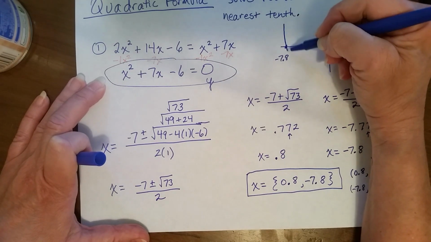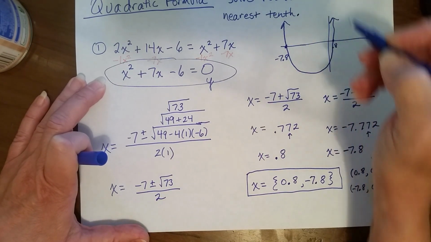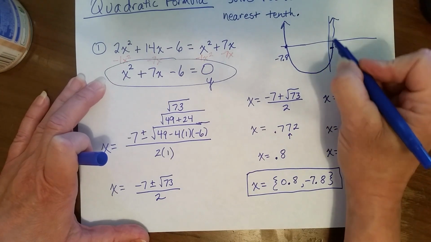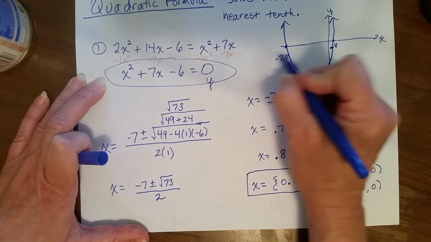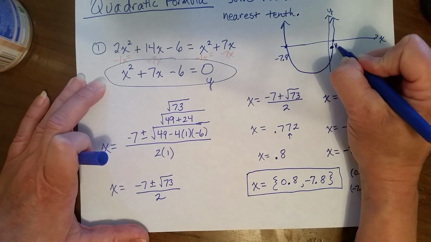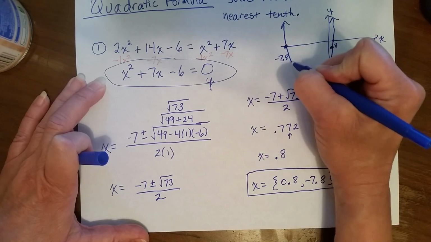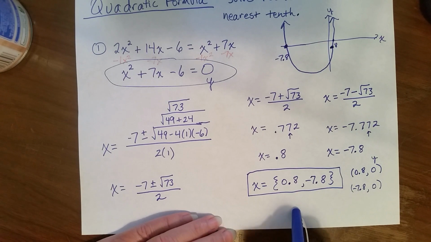So somehow I have a parabola that goes like that. And the values of x, where it crosses the x-axis, because that's what we're finding, it crosses the x-axis at 0.8 and -7.8.